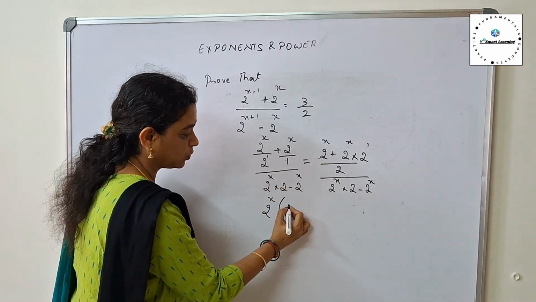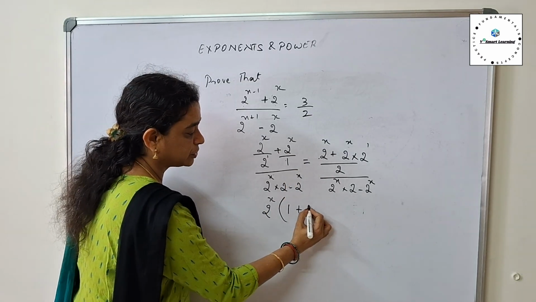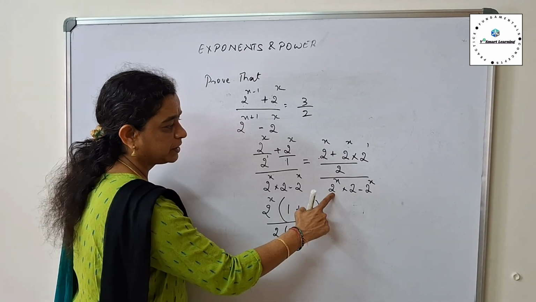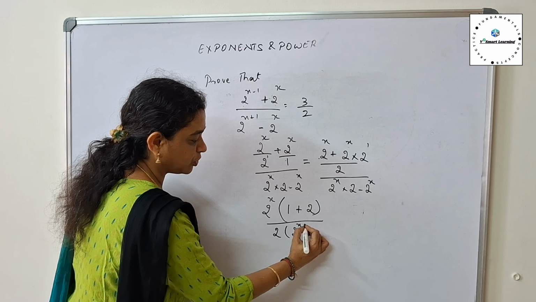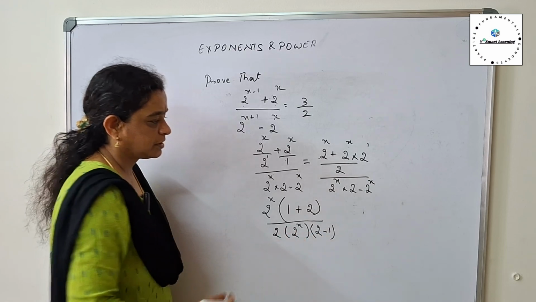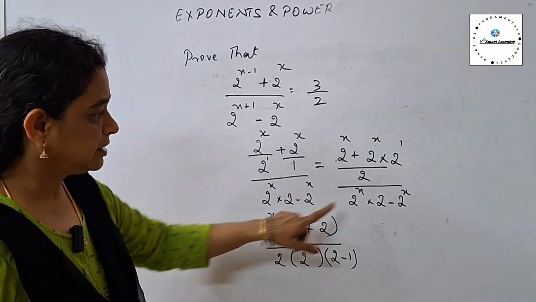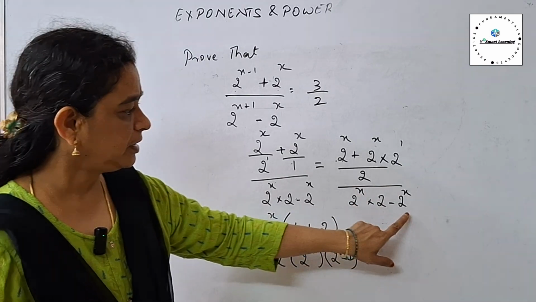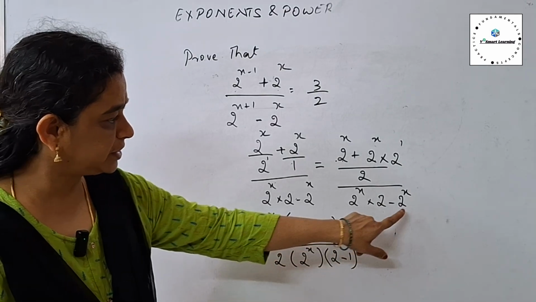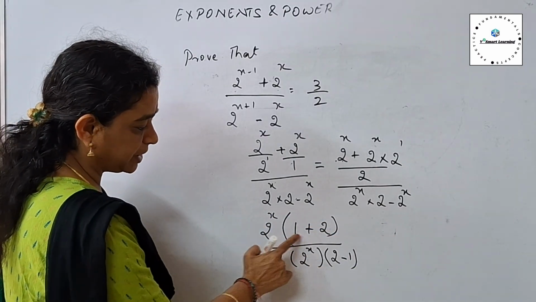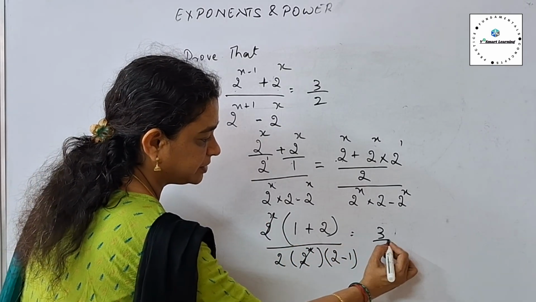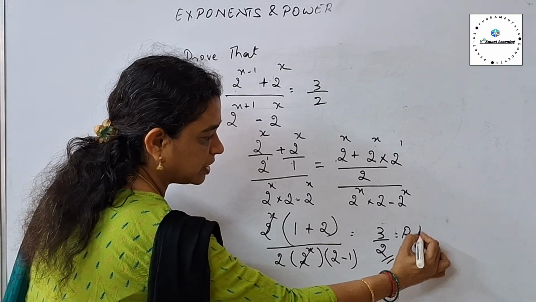What remains here is 1 plus 2, divided by 2 into, here again I take 2^x common, and what remains is 2 minus 1. I hope it's clear. Now this 2 I have retained, and this 2^x comes out. Since it's multiplication, I can cancel out this 2^x and this 2^x. So it becomes 3 by 2, which is equal to the RHS.